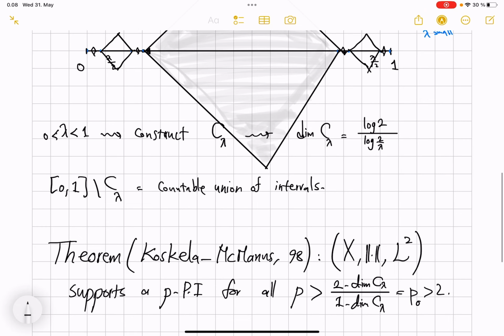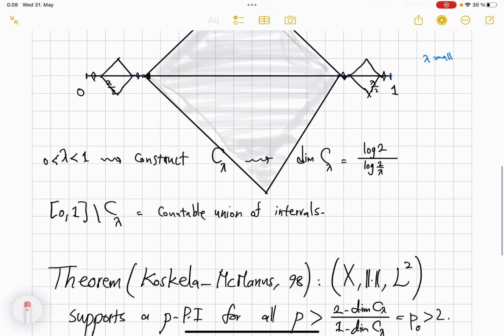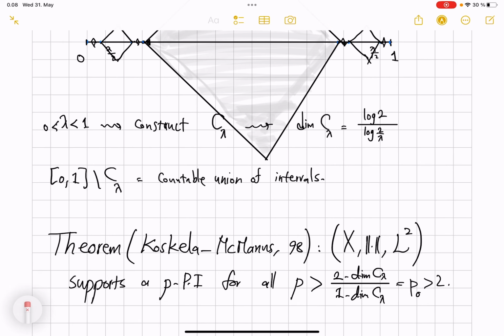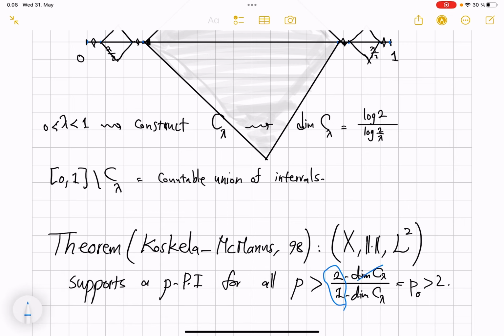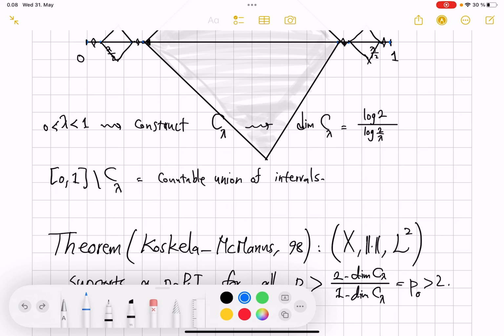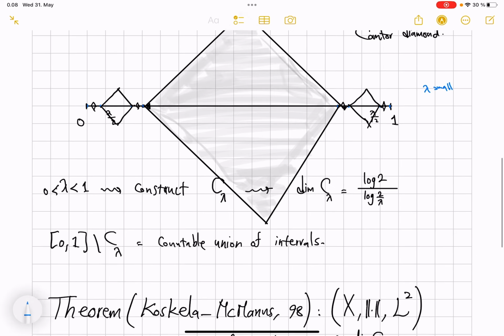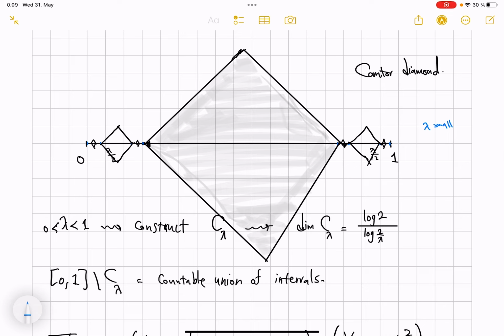If you look at this, you see that if dimension of C lambda goes to 0, you go back almost to the same constant of 2. So if dimension goes to 0, then you are back to almost pinching just once. And that makes sense because with a very small Cantor set, you have very large diamonds mostly, and the negative effect from the pinchings goes down.